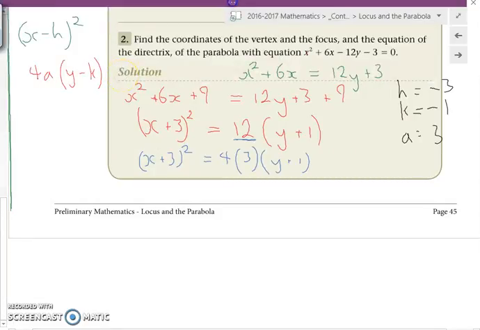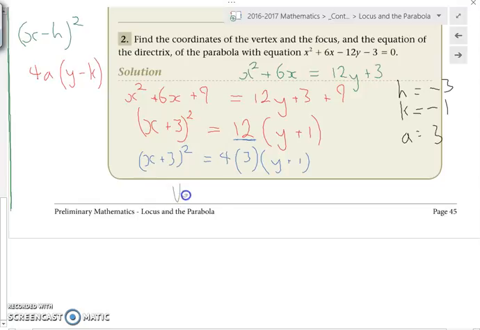Okay, so the vertex, therefore, is what? Vertex is minus 3, minus 1. Okay. Focus is what?